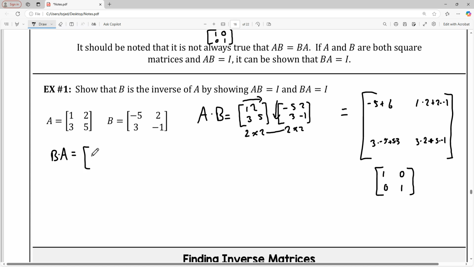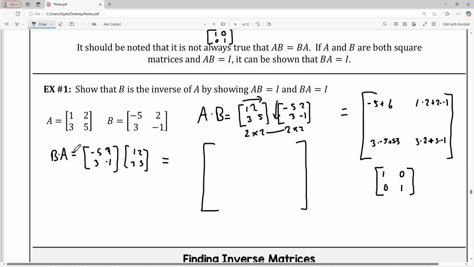So I need to take my matrix B, which is -5, 2, 3, -1, and multiply it to my matrix A, which is 1, 2, 3, 5. If these are inverses, I should get the identity matrix again.